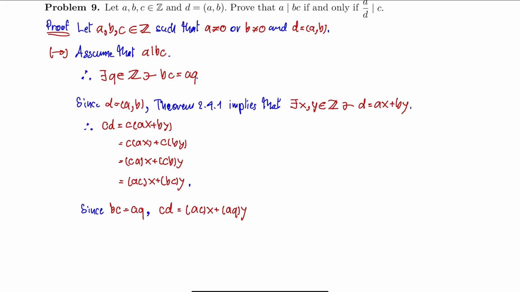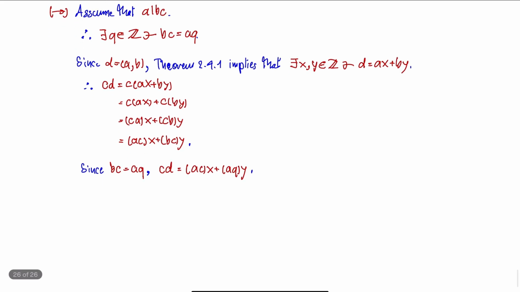And what next? I divide both sides by d, so we can have c equals 1 over d times (acx plus aqy), and factorize a. So c becomes a over d times (cx plus qy).